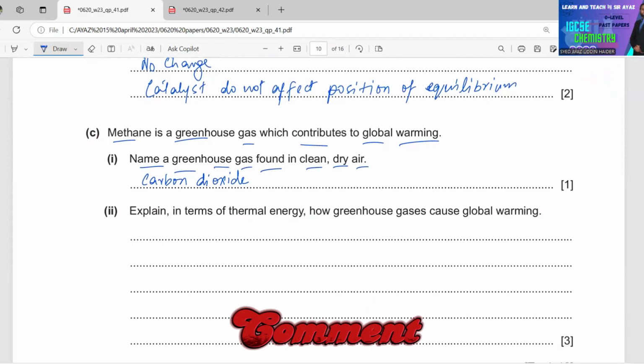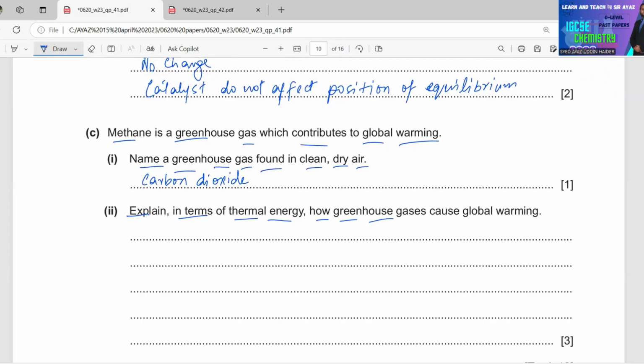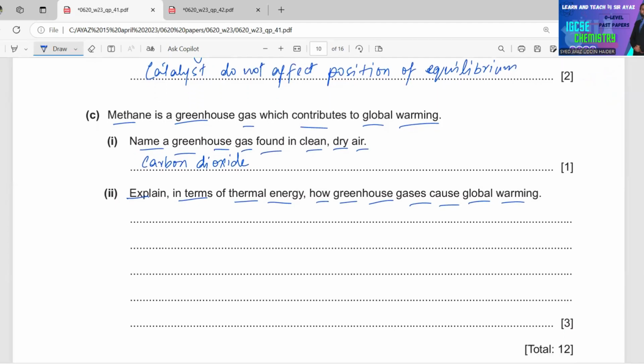Part 2, explain in terms of thermal energy how greenhouse gases cause global warming. So first of all, you have to mention that these greenhouse gases absorb thermal energy from the earth.